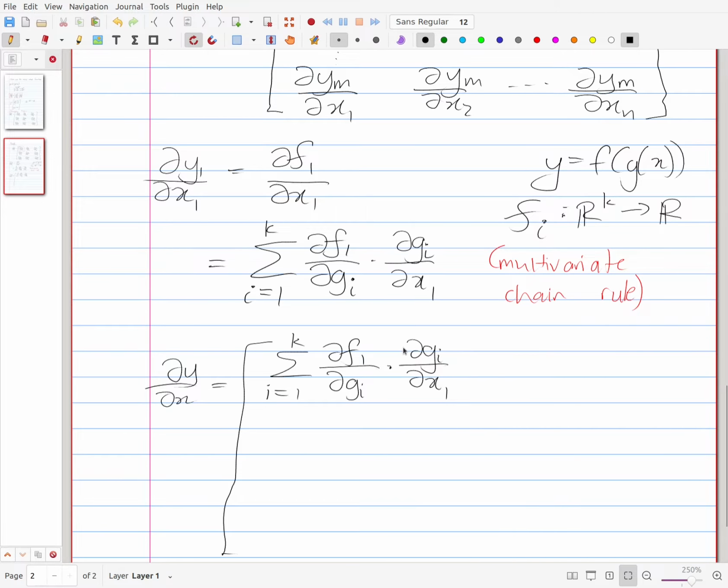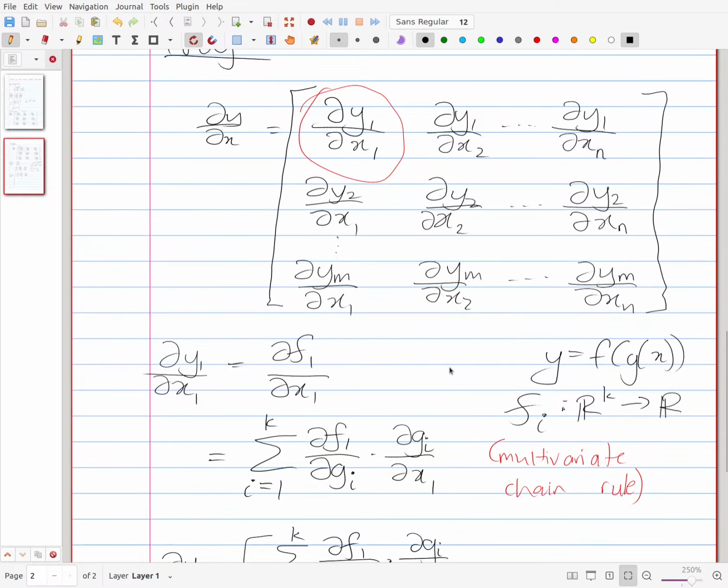And now if you go through and try to compute one of these other partial derivatives, let's say this one, the computations are going to be the same, except instead of this x1, you replace it with the x2, right?